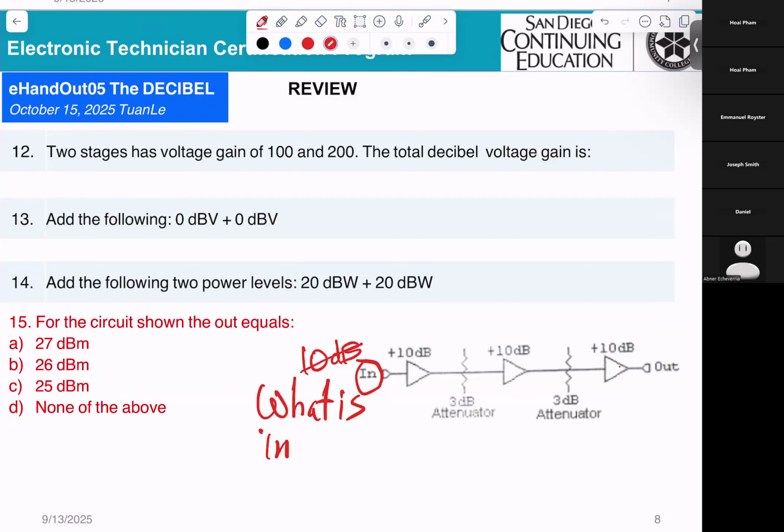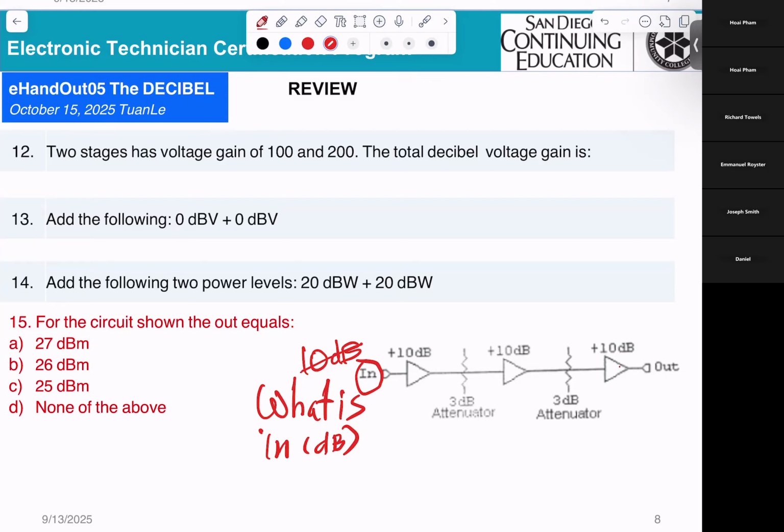So what is the answer then? No, C. No, we have to get the input in dB. But what is the answer? I don't know. I have to look over that to see how many dB the input equals. Based on what you're saying, it's 10 minus 3, which is 7, which is 17, because you add the 10 to it, and then if you add another 10, it's 27.